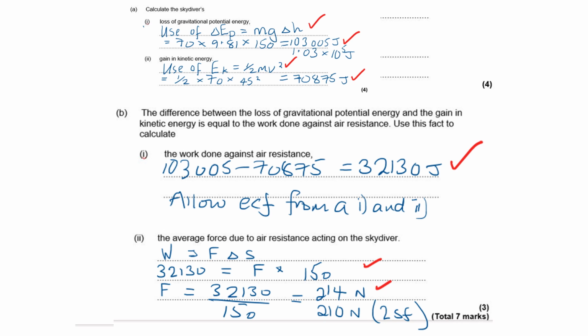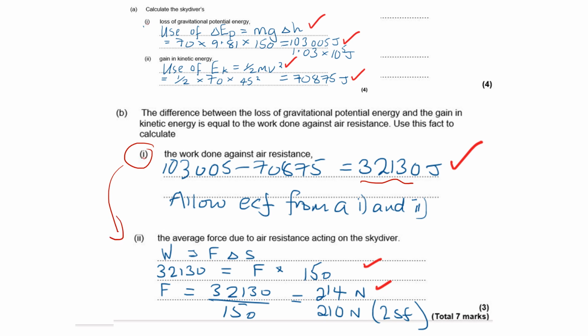And then part 2, the average force due to air resistance acting on the skydiver. And this is where we can use work done equals force times distance. We've just calculated the work done in part 1, and this is an example of where you very often have to use the value from part 1 in part 2.